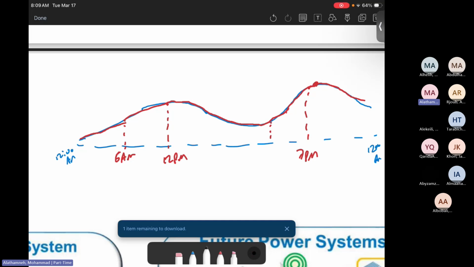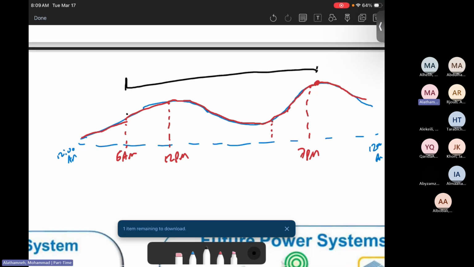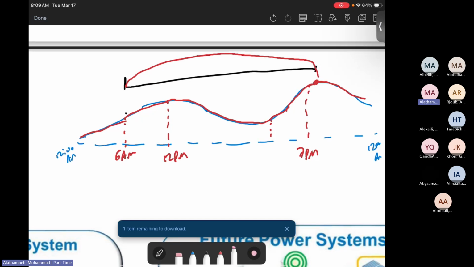However, let's draw the curve of the renewable energy. It starts between sunrise and sunset. So this is the duration. Then it goes up. So look at the peak. The peak of the renewable energy is different from the peak of the load.